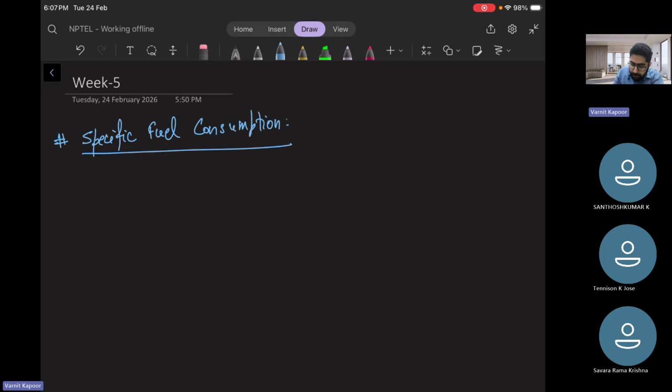So what do we mean by specific fuel consumption? For the given input power, how much amount of fuel is required. The power can be in two forms, either indicated power or brake power. In terms of indicated power, it is ISFC, indicated specific fuel consumption, that is mass flow rate of the fuel to that of indicated power.